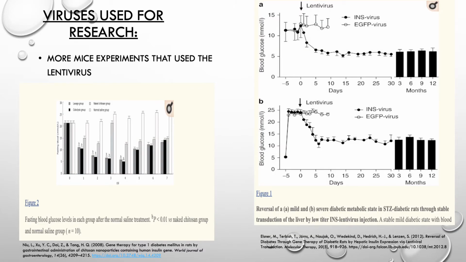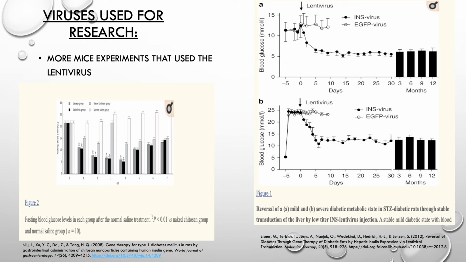So there are two different figures, and they're each from two different studies. I put them on this slide to show you that these are other studies that used mice with the lentivirus, the one inserting insulin, or the EGFP, or both.